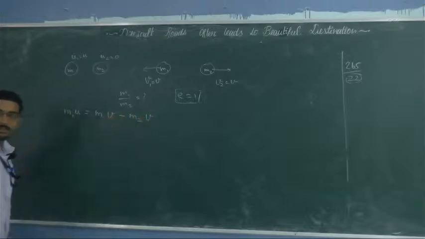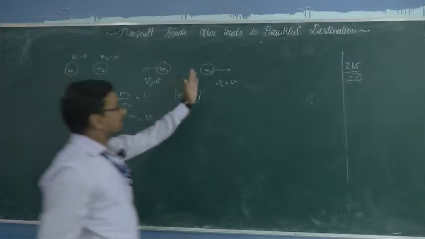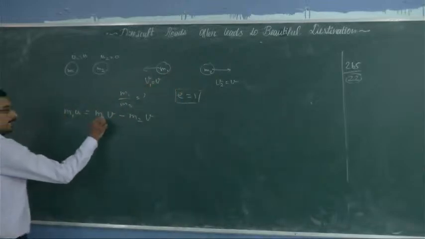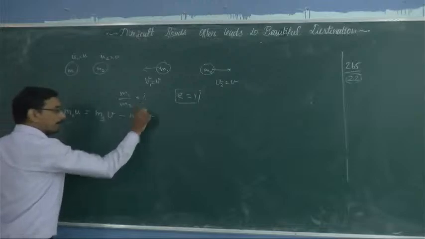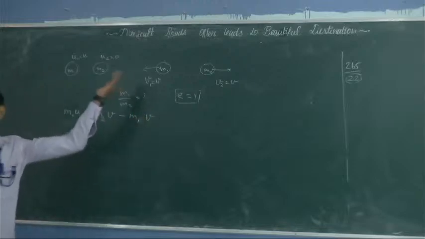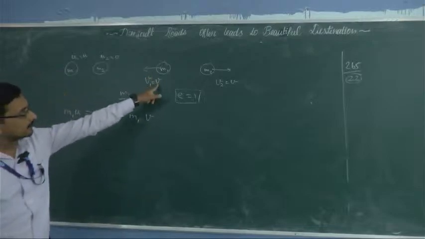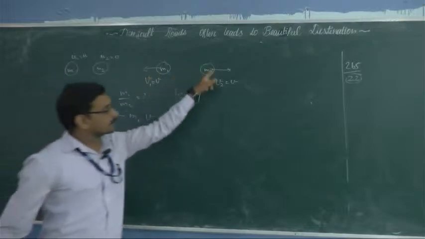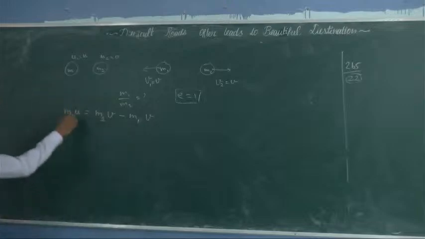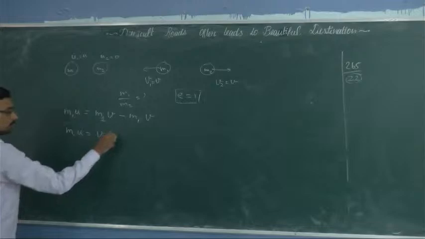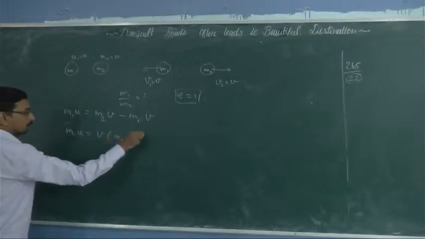Why are we writing minus? Since after collision the second object moves in the opposite direction. If we take this as positive, then the other will be minus, so we can rewrite it as m2 v minus m1 v. Let us take the left-hand side as the opposite direction and the right-hand side as the positive direction. So minus m1 v plus m2 v. Here we can say m1 u is equal to v into (m2 minus m1).